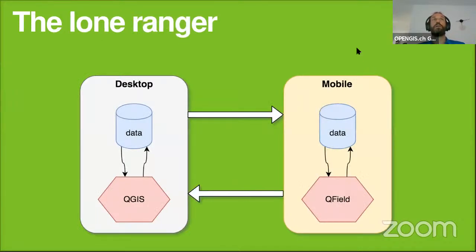Then what we call the Lone Ranger is a very similar thing to what the Explorer was doing, but the Lone Ranger also digitizes data on the mobile. In the evening or after a week or so, he comes back home and synchronizes the data via cable back to the desktop and works on his data. That's a one single person type of workflow.